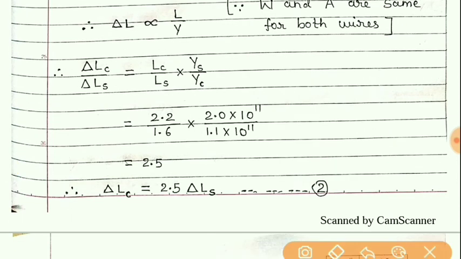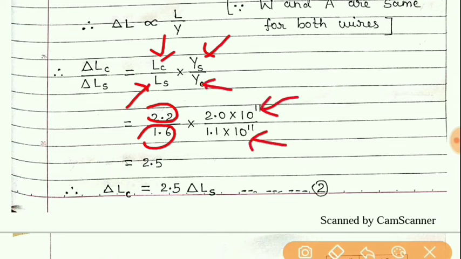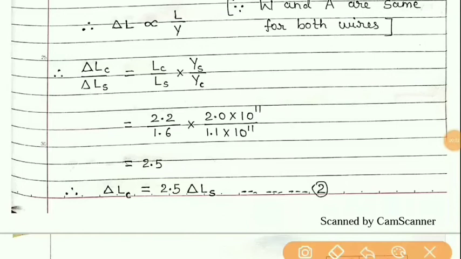Now the actual lengths of the copper and steel wires are given, so we have kept those values. The Young moduli are also given, so we have kept those values also. After calculating this, we get the ratio delta LC upon delta LS is equal to 2.5.